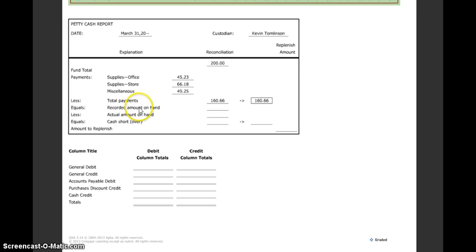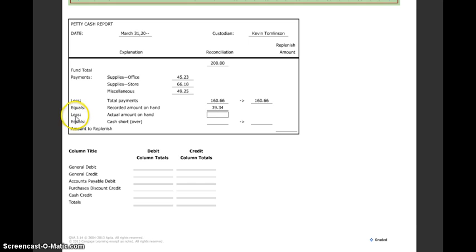The recorded amount on hand, they gave us this amount of $39.34. No, I'm sorry, they did not give us that amount. The recorded amount on hand is what we have to figure out by taking this $200 and subtracting the 160.66. So when we take 200 minus 160.66, we get 39.34.